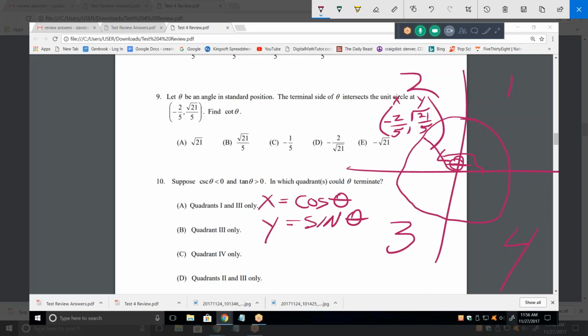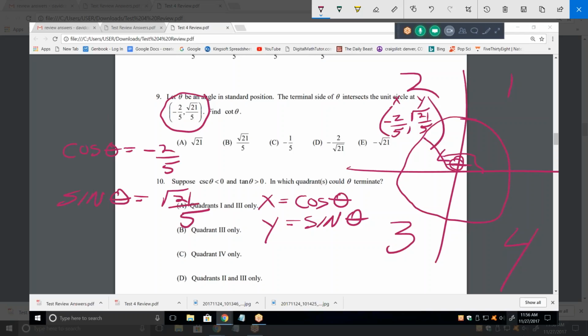So they are saying that the cotangent, excuse me, sorry, hold on. This is a fairly tough problem, but by giving us the coordinates of that point, they're telling us that the cosine of theta is negative 2/5, and that the sine of theta is root 21 over 5.